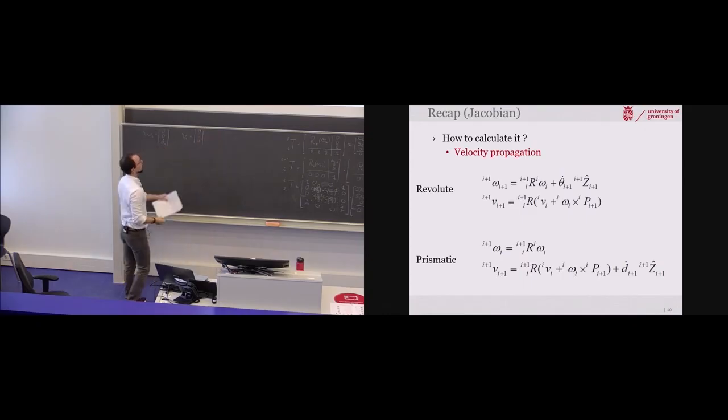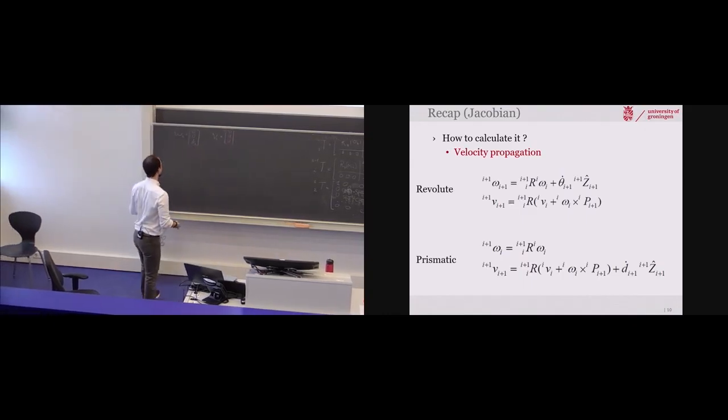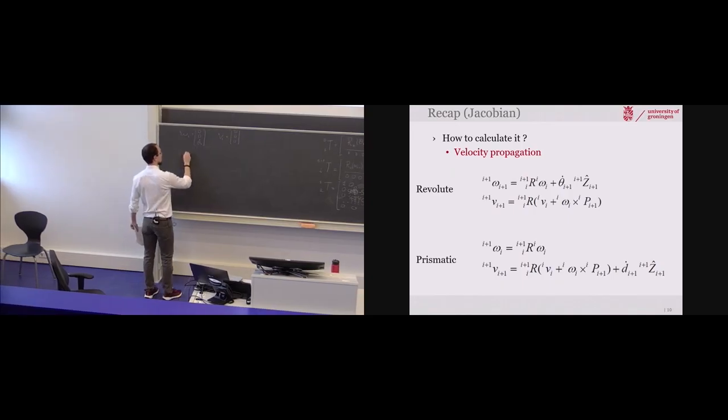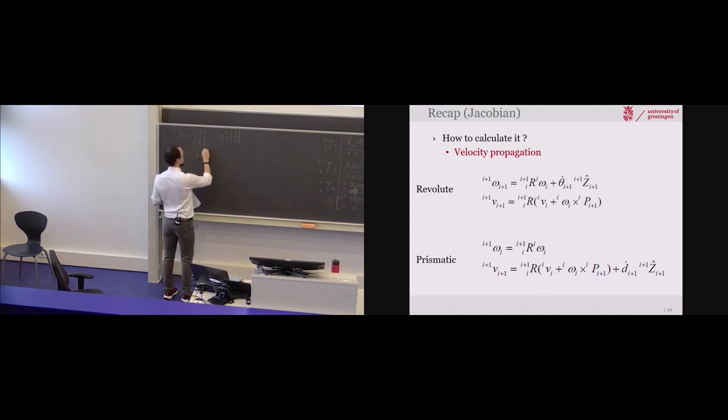Okay, now let's go for the second frame, and we have that omega 2 is equal to, now we have to multiply the rotational matrix, okay, 2 to 1, okay, times this vector over here, so 0, 0, theta 1 dot.